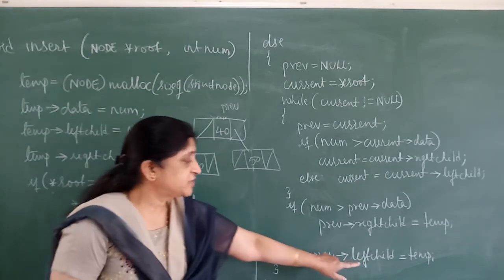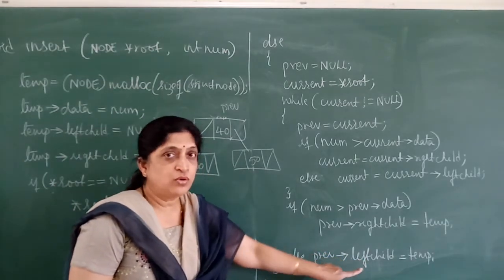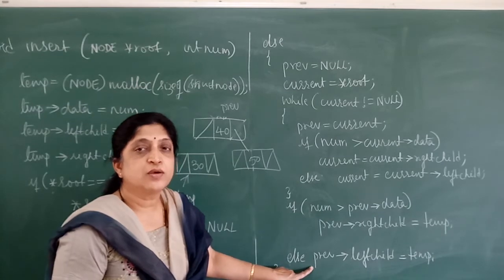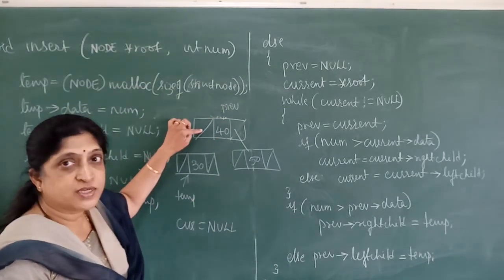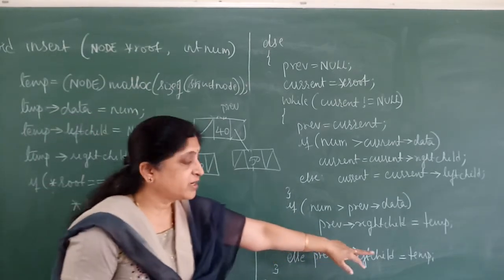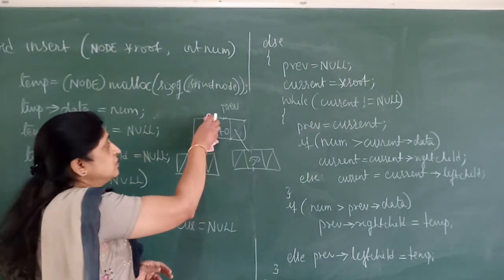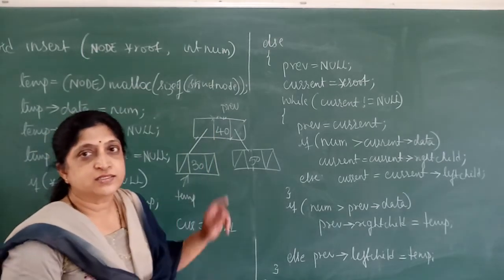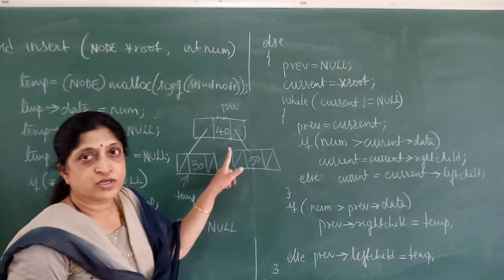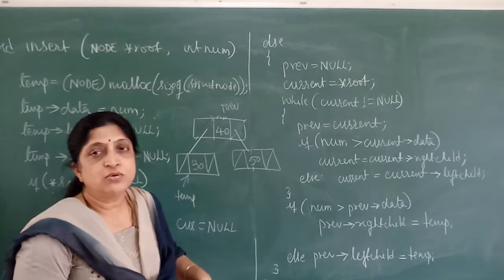That is, the left child field of the node to which previous is pointing. In the left child part here, I am trying to write temp. Now it will start pointing to this node. So we have inserted 30 as a left child to 40 and 50 as a right child to 40.